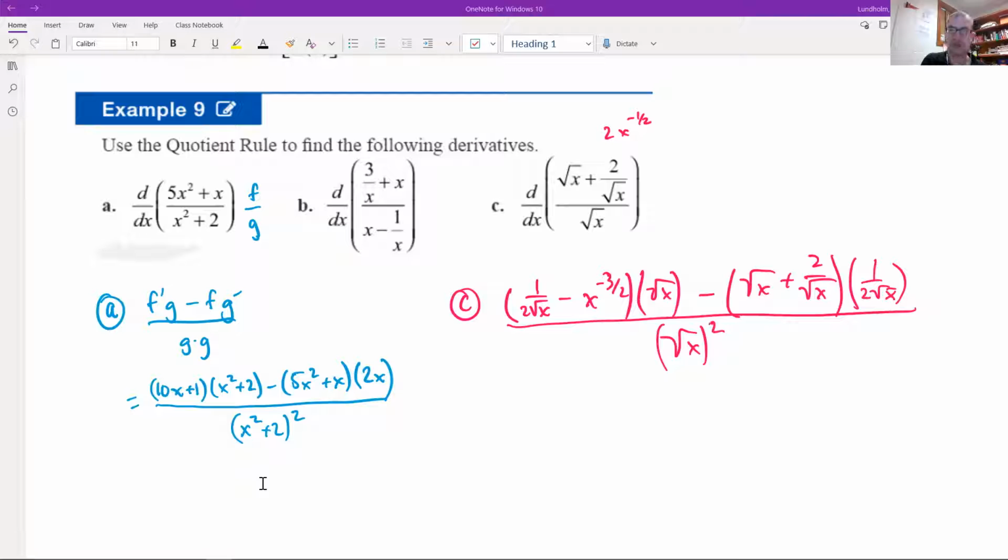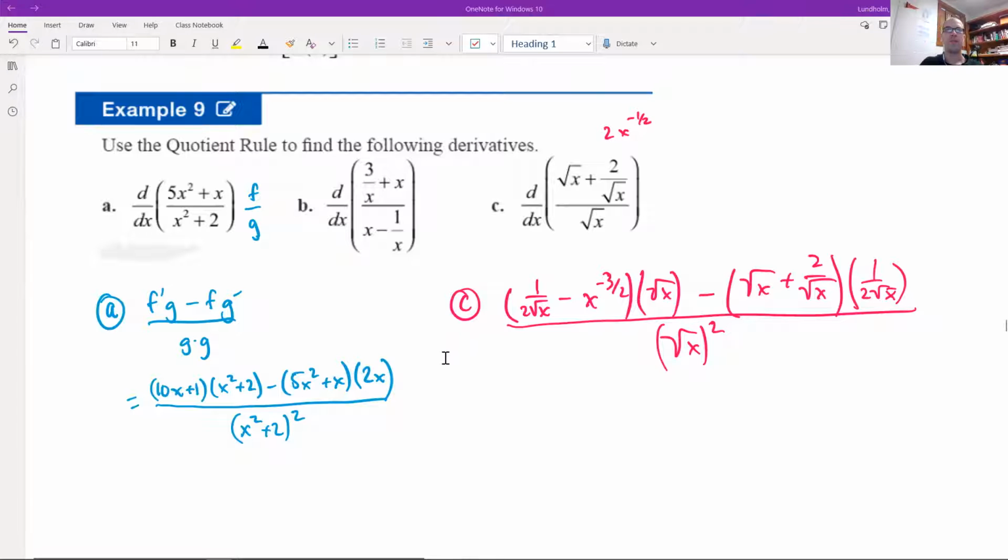Well, that's nice. That'll turn into just an x. But again, you could multiply this out and probably simplify things so that it would look nicer. But this is the new part, the hard part, implementing the quotient rule.